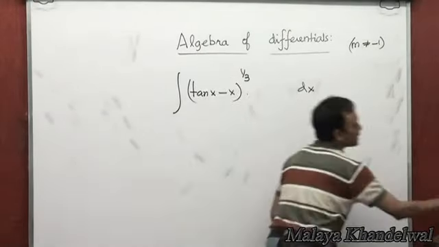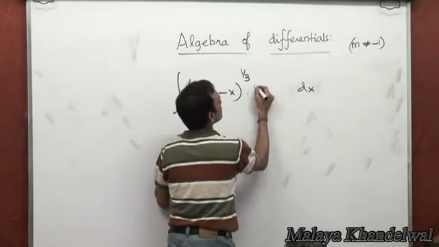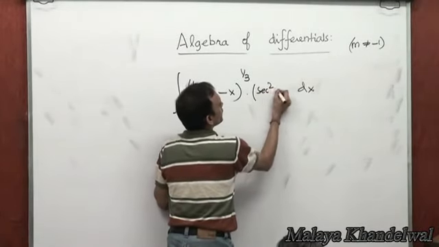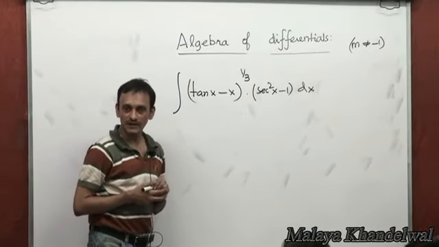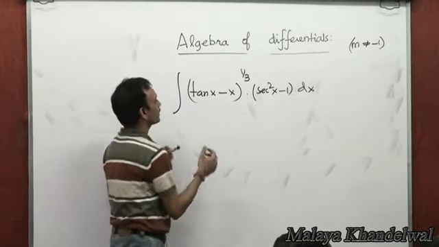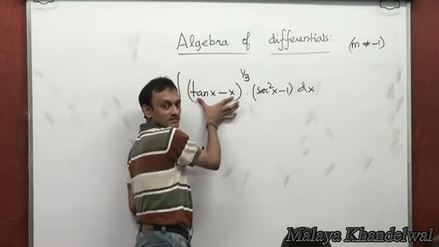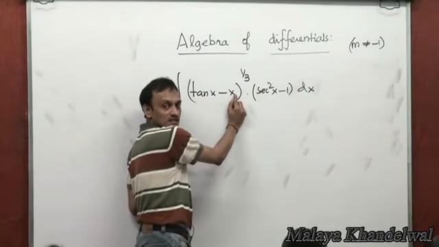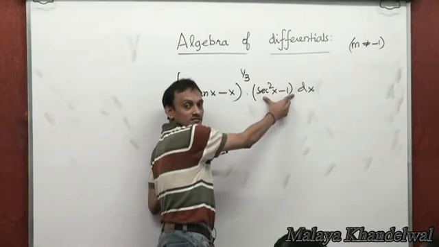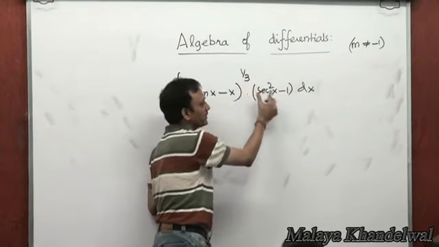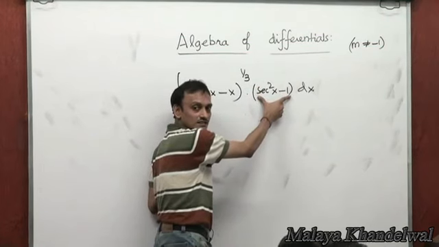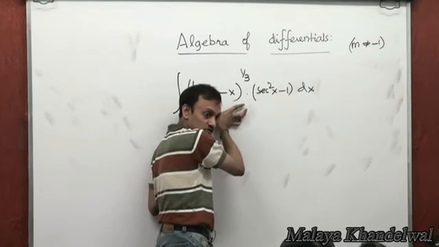See, this tan squared x I propose writing as sec squared x minus 1. This tan squared x I write as sec squared x minus 1, right? What's the derivative of this? Sec squared x minus 1, which is this. Right? So it's f x to the power m into f dash x. This is f dash x, the derivative of this.